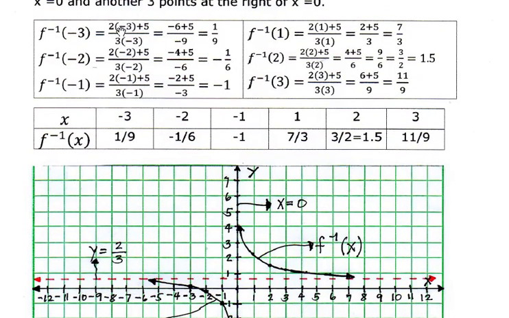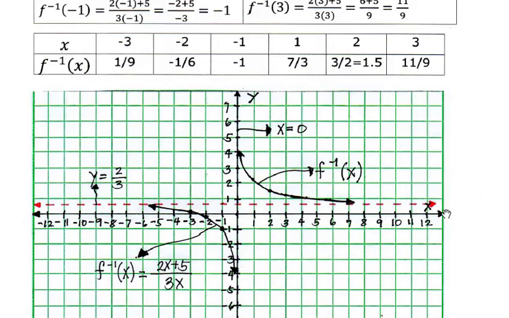F inverse of -3, that's 2 times -3 plus 5 all over 3 times -3. So it's 1/9. Then -2, -1/6, -1, 1, 1, 7/3. Then we have 2, 1.5. If x is 3, we have 11/9.